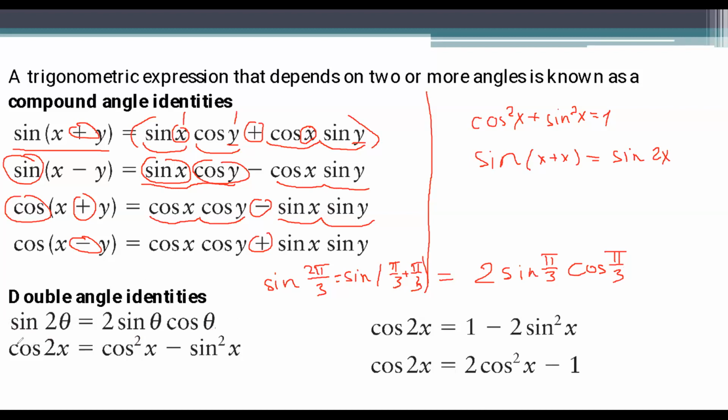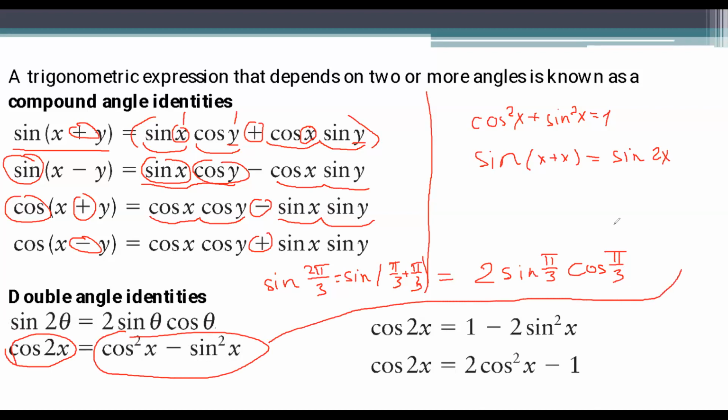For the cosine function, the double angle is different. Cosine of 2x equals cosine squared x minus sine squared x. Just as in the formula here, where the sum of those squared functions equals 1, now the difference of them equals cosine 2x.